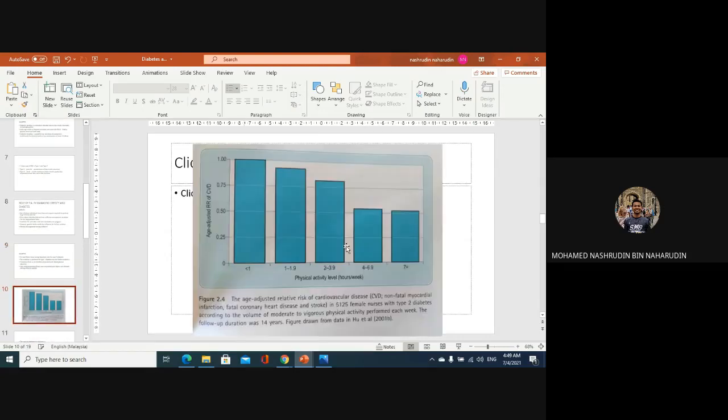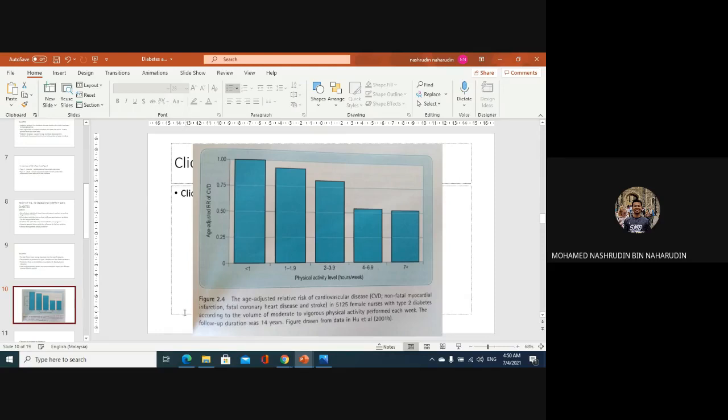So this is the evidence, a study by Hu et al., 2001. It shows a prospective cohort study involving women, recruiting around 5,000 female nurses with type 2 diabetes.